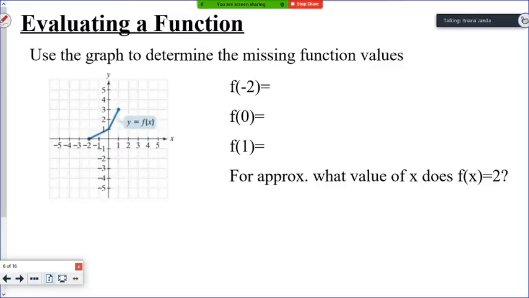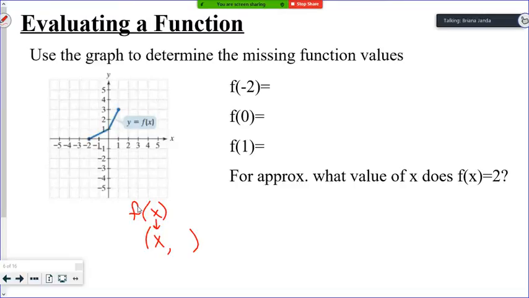What you are doing is you're trying to identify where that dot is on the picture. Remember that in function notation, it is f of the letter x, and in an ordered pair, that's the first number in your ordered pair. And what we're trying to do is finish that ordered pair specific to this picture.